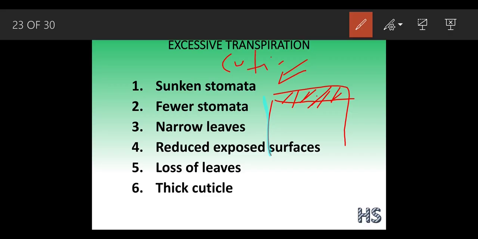So as I already mentioned, the more the thickness of the cuticle, the lesser the transpiration. So a good example to give here is banyan plants. If you are going to see any banyan plants, the leaves of the banyan will be quite thick in nature.